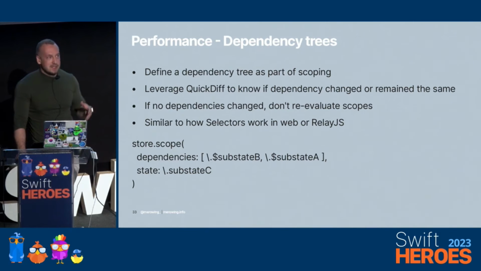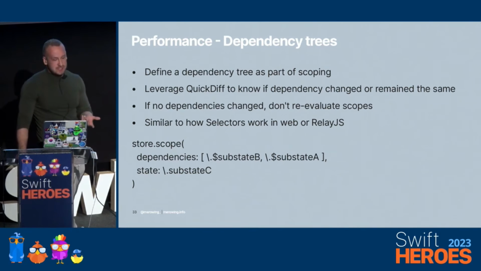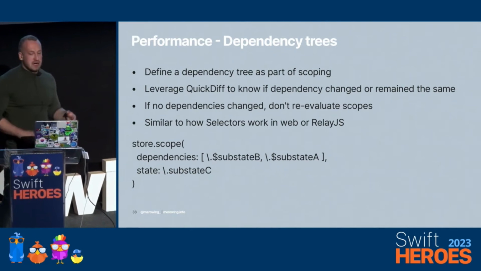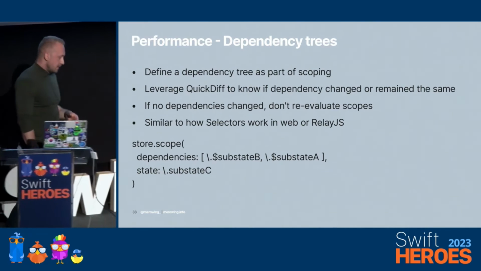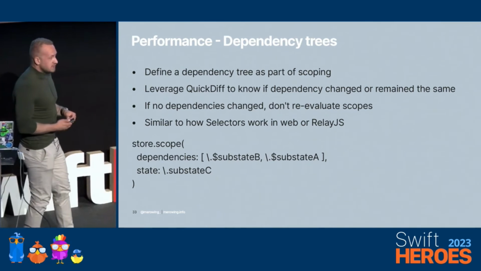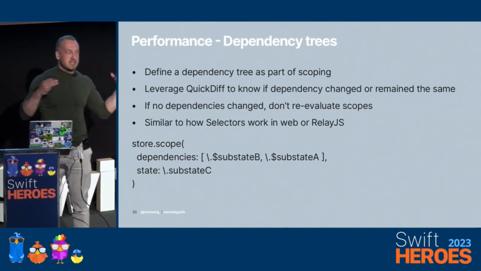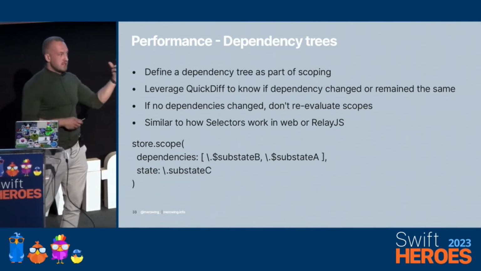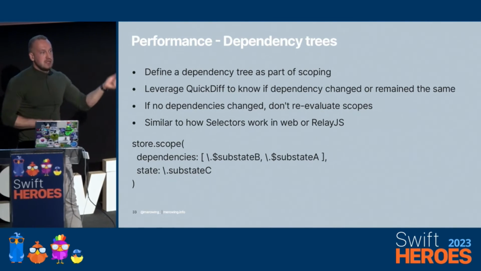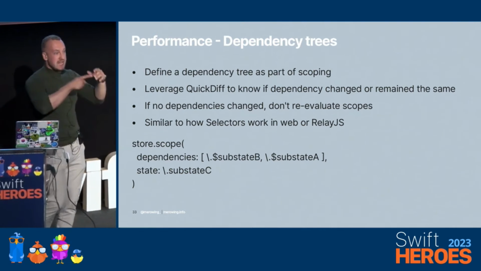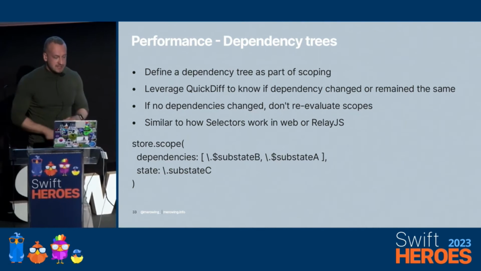I also experimented with more aggressive changes to TCA, like creating explicit dependency trees. A lot of the architectures from web technologies like Relay.js and even Redux have a system called selectors, where you specify what your dependencies are for the feature, and only if those dependencies change do you re-execute those copying functions and all this stuff.